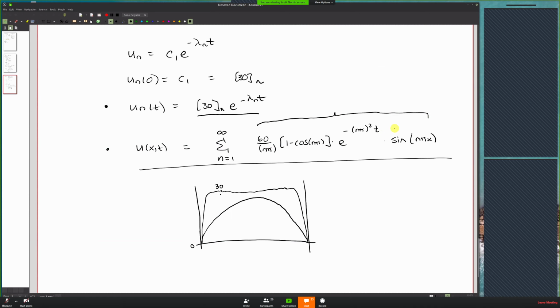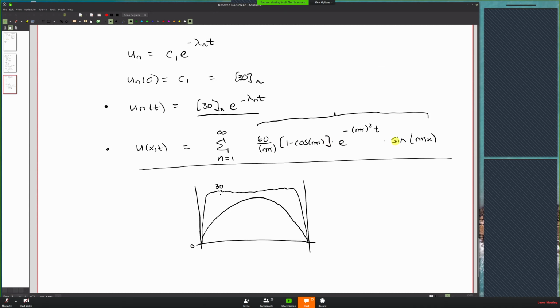Okay, so first of all, it's made up of a bunch of sines, right? And those sines oscillate more and more rapidly as n increases. When t equals 0, this exponential term is just 1, right? And I'm left with, at t equals 0, 60 over n pi times this thing times sine n pi x.